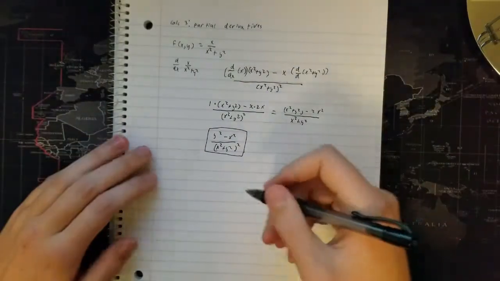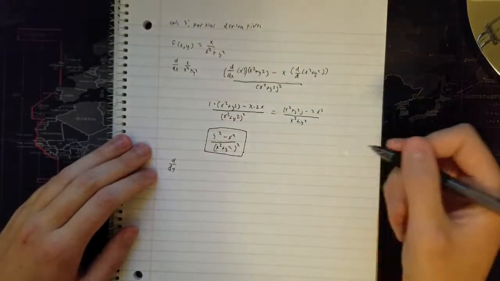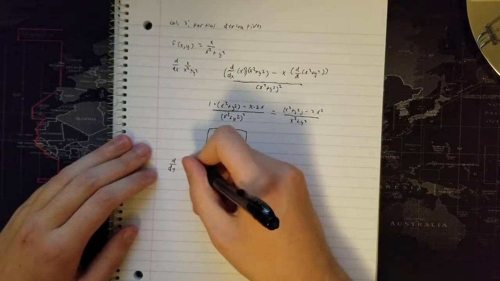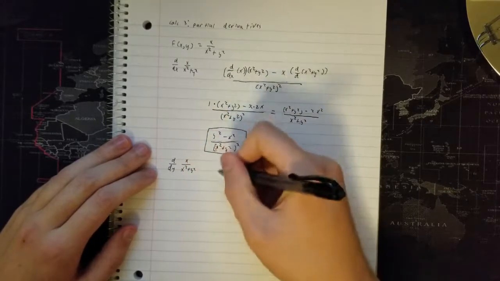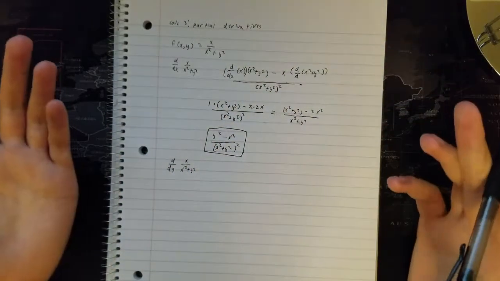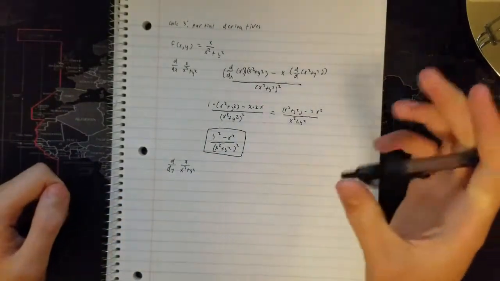So now if we want to differentiate with respect to y of the same function, all that we do here is we treat x as if it were a constant.